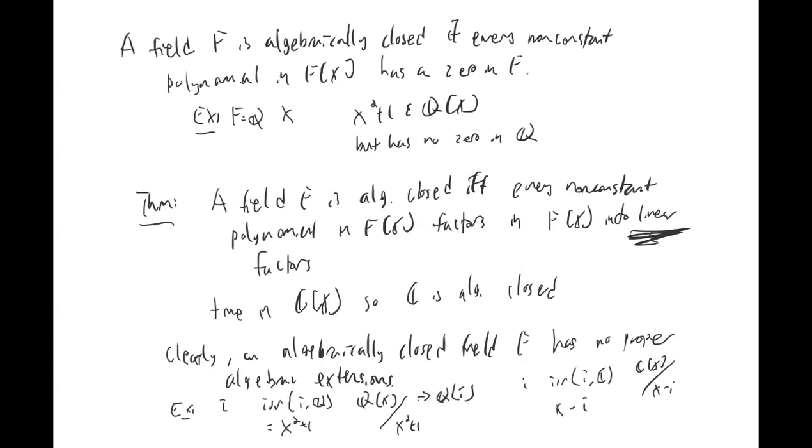This is just C adjoin I, but this is just C, because there's no point in adjoining I. I is already in C. So if you adjoin I, that does nothing. You don't get anything bigger.